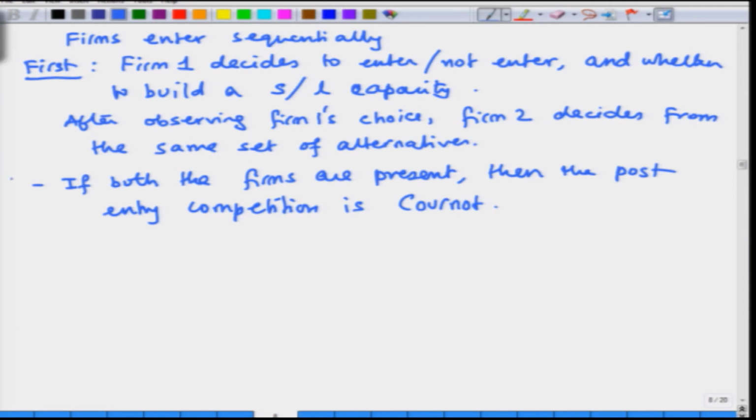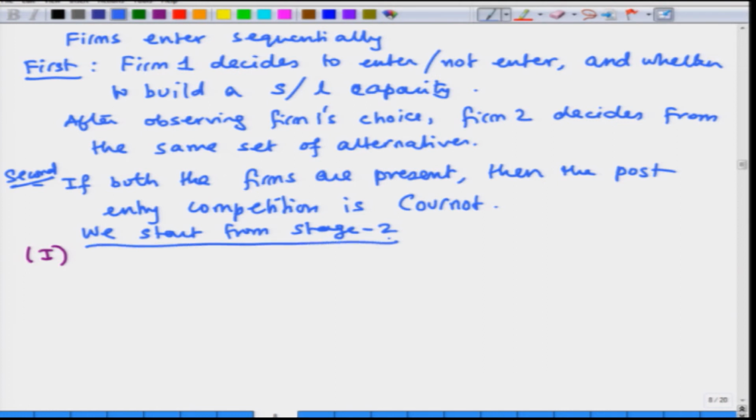So, this is the second stage, which is the Cournot stage, and the first stage is the capacity choice of firm 1. So, let us start with stage 2 and solve the model backwards, and there are a few cases that we need to consider.